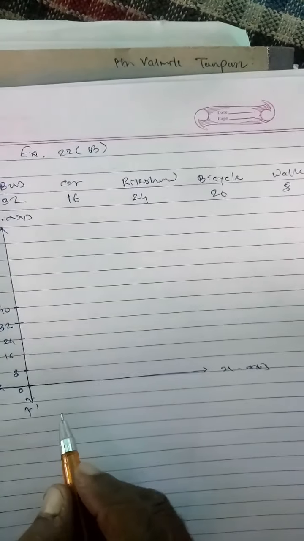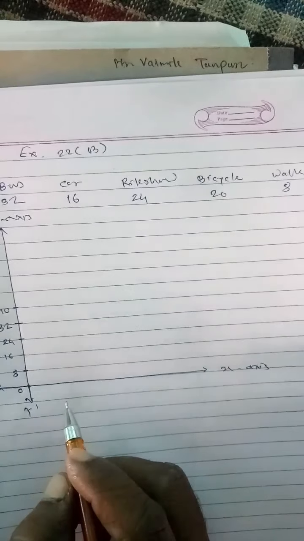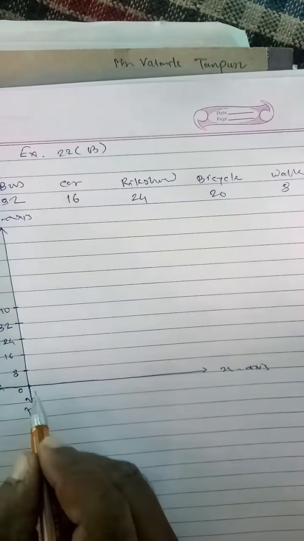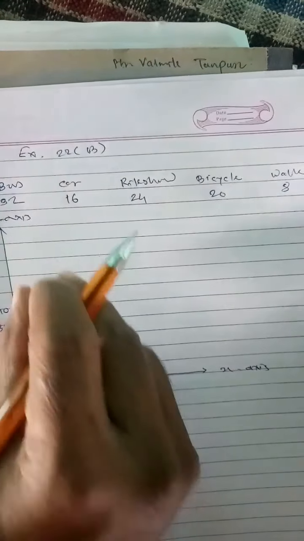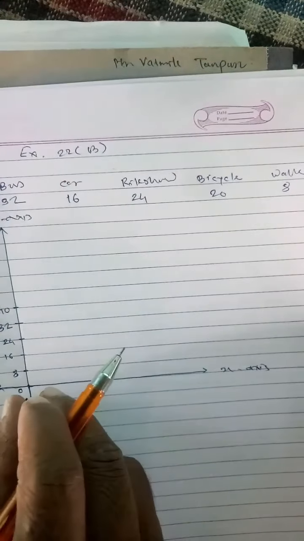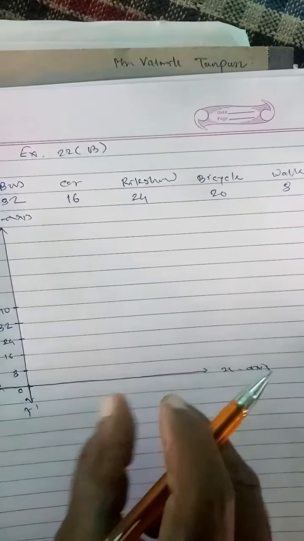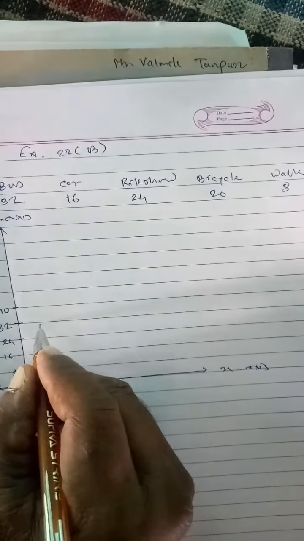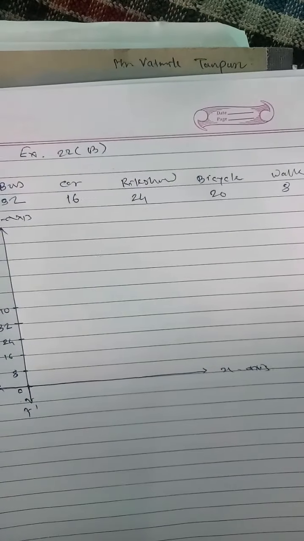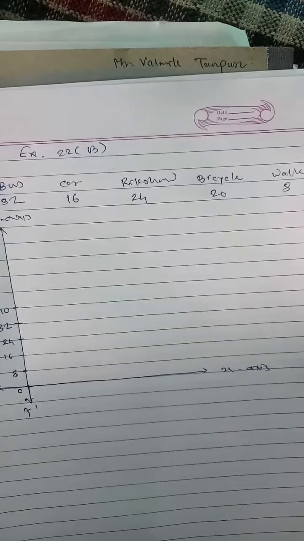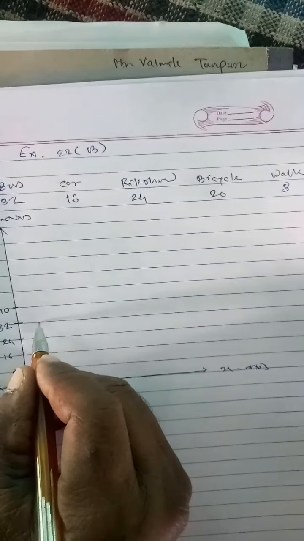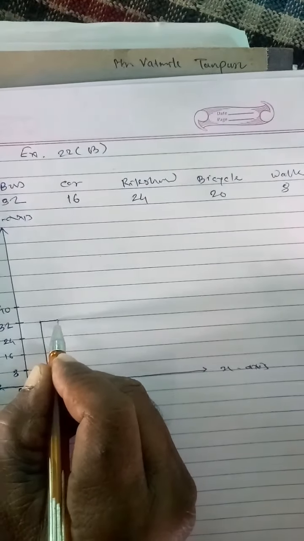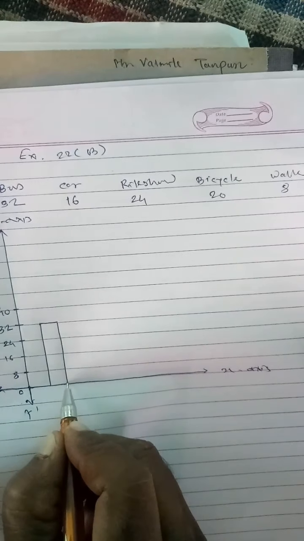Then you have to draw the graph for the bus. Whenever you are drawing vertical bars, the distance between each bar should be the same. So I am drawing the bar for the bus, which is 32.